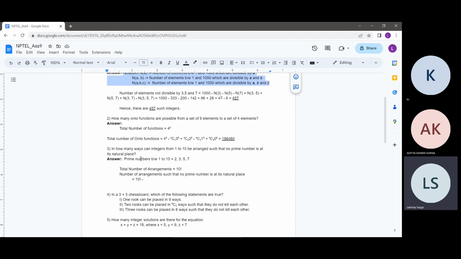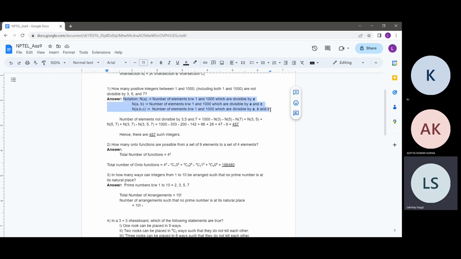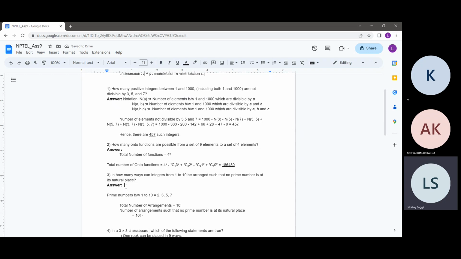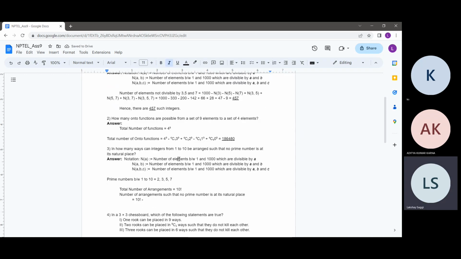Bear with me, guys, just a minute. Just writing down the notation, and I'll make clear what the notation means.